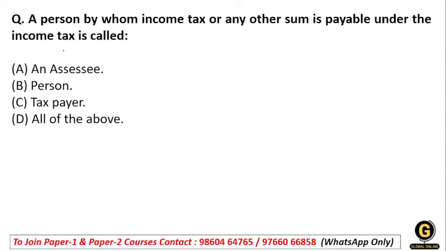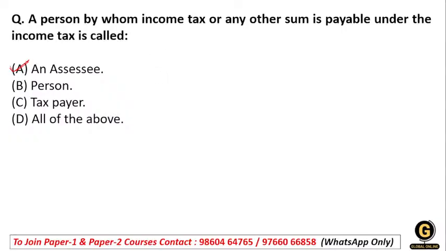Yes, option A, an assessee, is the right answer, because in the Income Tax Act 1961 the specific definition of an assessee is given. The assessee is a person by whom the income tax or any other sum is payable under the Income Tax Act 1961.